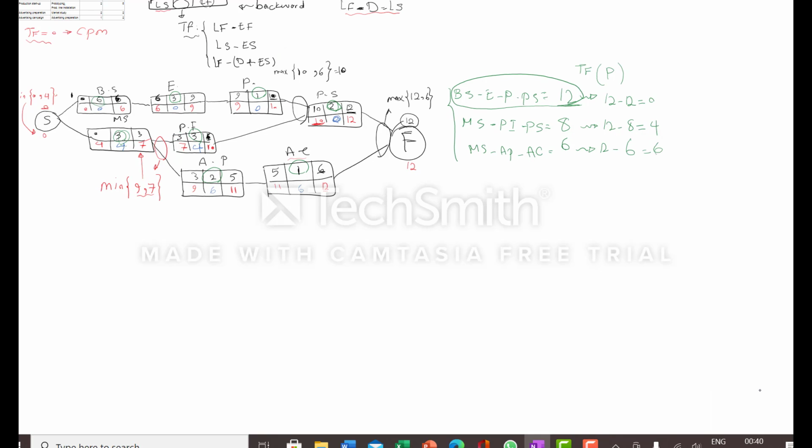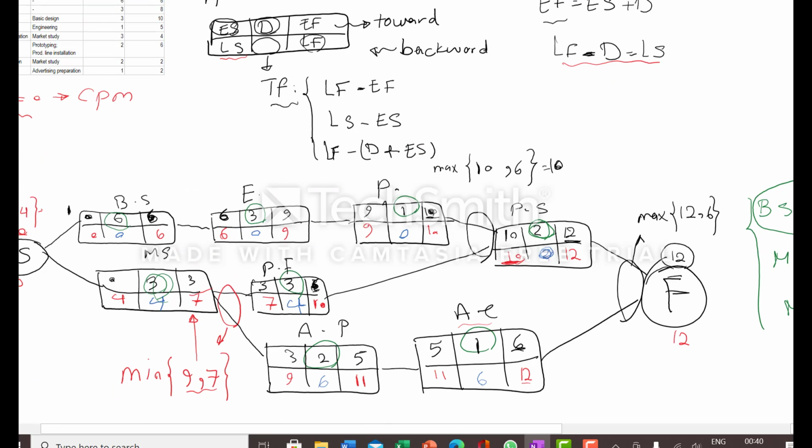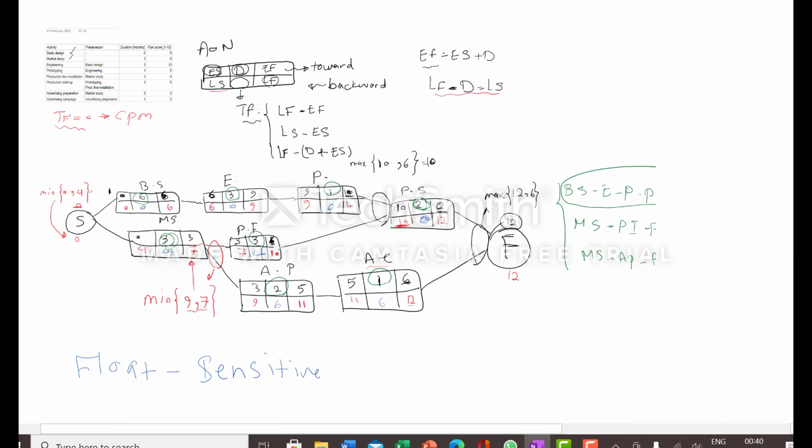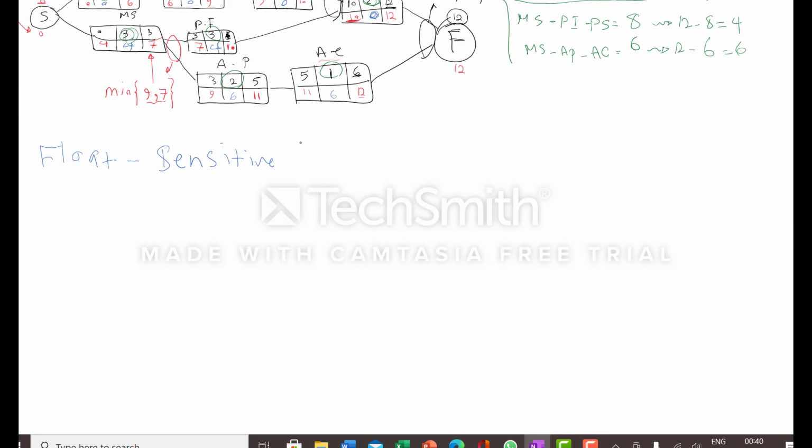Now for calculating the float sensitive distribution, because the problem has risk score, we should use the average of activities' total float average and risk score.